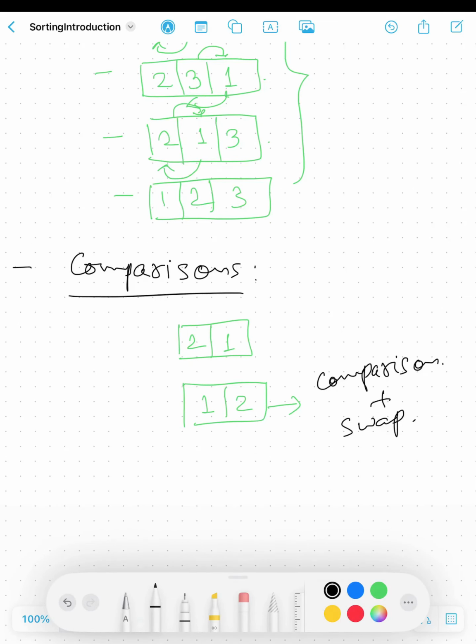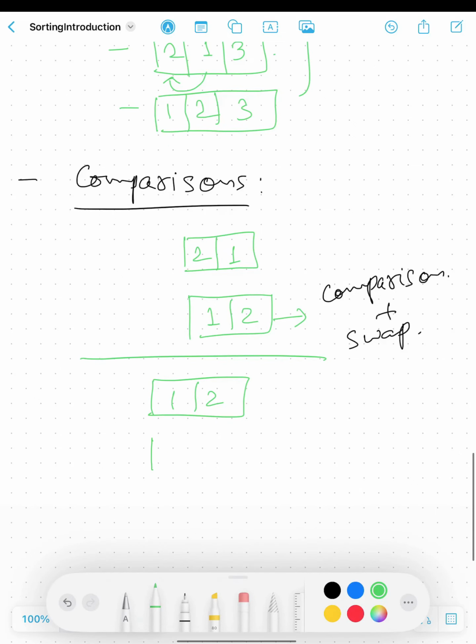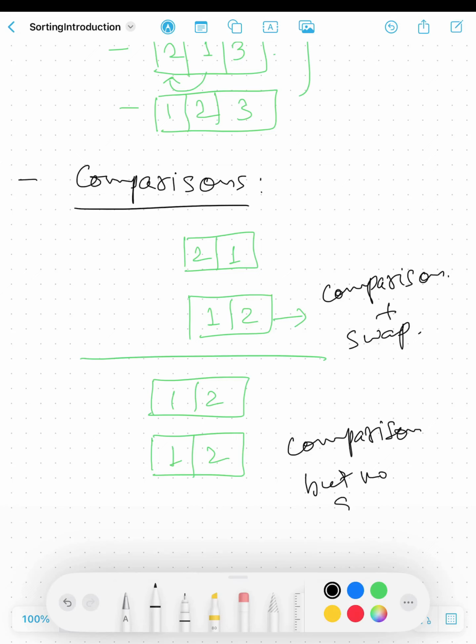But it is not necessary that it will do a swap. For example, if we take another example where I have this, it did a comparison to check if the first number is greater than the second number, but the first number is actually smaller than the second number. So there is not going to be any swapping done, but we still did a comparison.